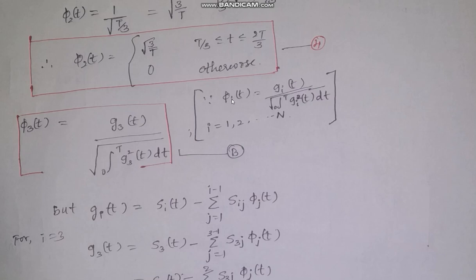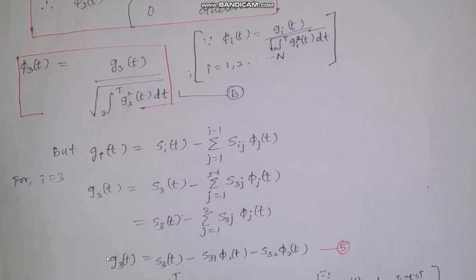For phi 3, we substitute i equal to 3 here, then we will get this equation. So what is g3 of t? It is given by this equation. Here we'll substitute the suffix 3, here also 3, here 3j.